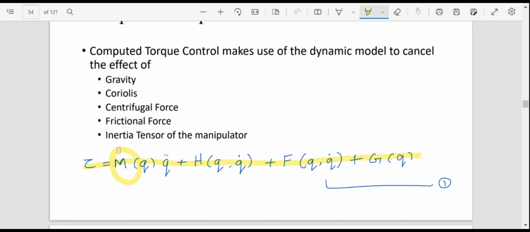This is the n cross n inertia matrix. And this is the n cross 1 vector of centrifugal and Coriolis torques. This is the gravity torques, again an n cross 1 vector. And this all adds up to the other forces, like the overall contribution of friction and other non-rigid body effects.